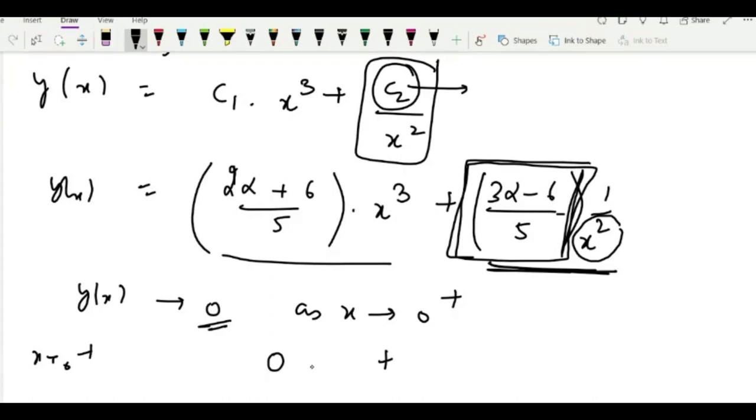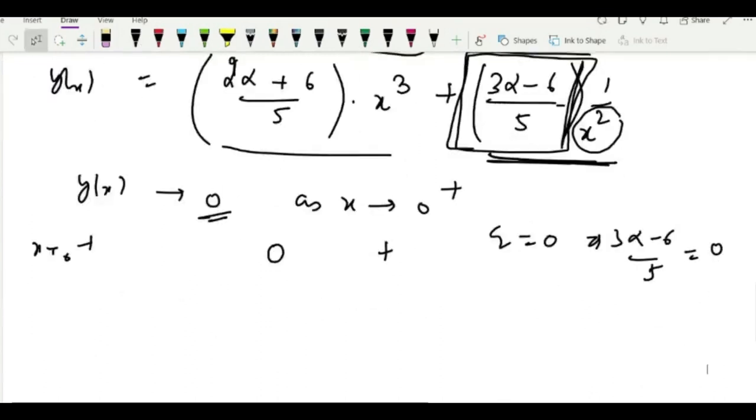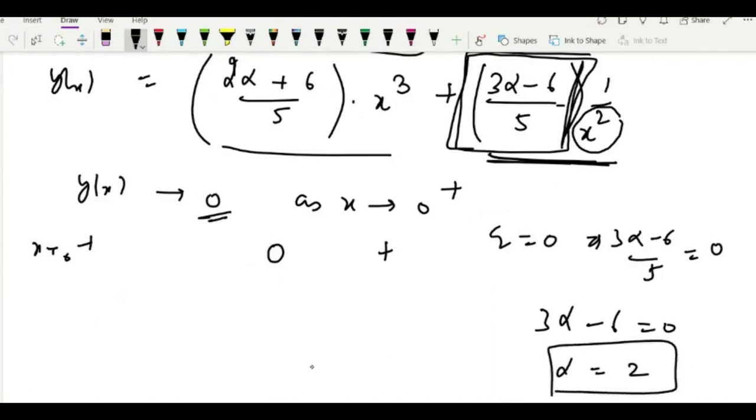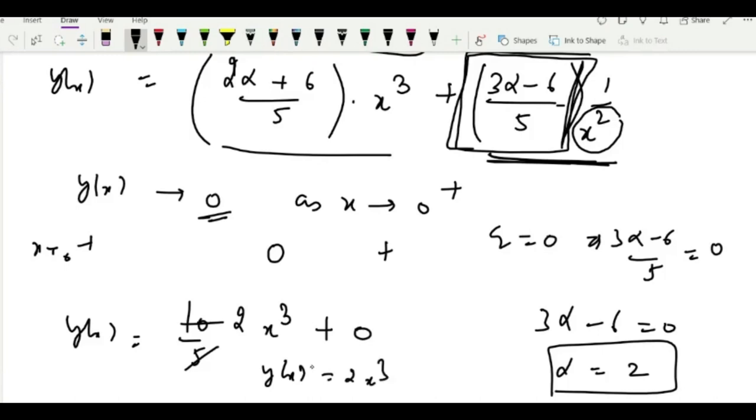We choose here C2 as 0, which will give 3 alpha minus 6 by 5 is equal to 0, and which gives 3 alpha minus 6 is equal to 0, which gives alpha is equal to 2. Our solution will become, when we put alpha is equal to 2, 10 upon 5, which is 2x cube plus 0. Now, in this case, when x tends to 0, our solution also approaches 0.